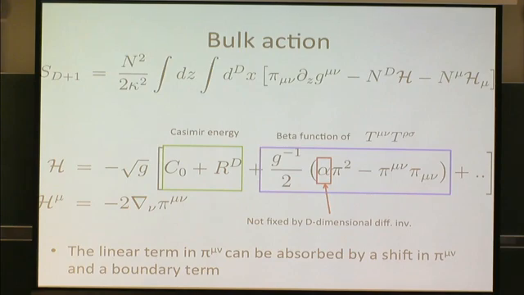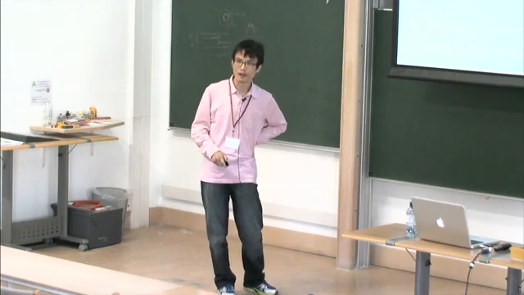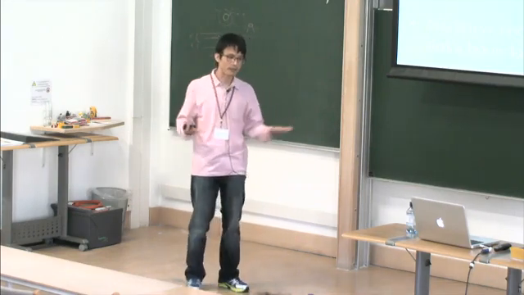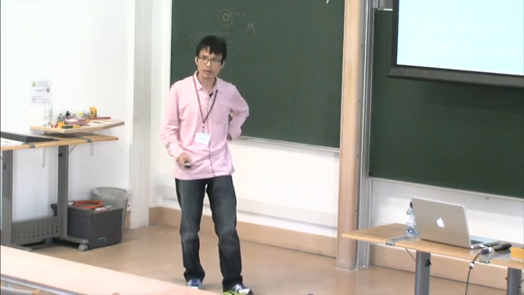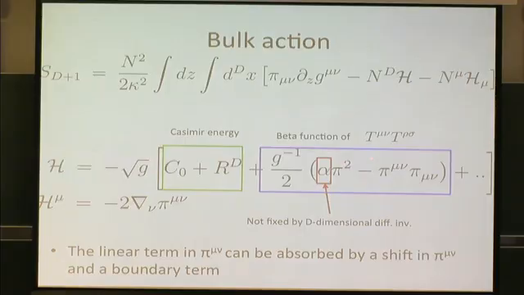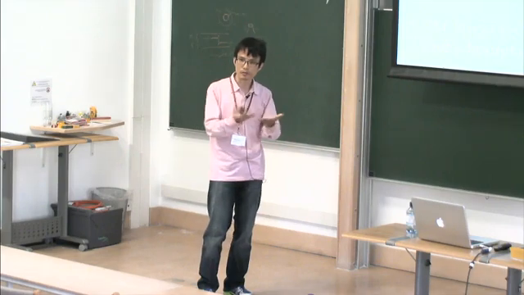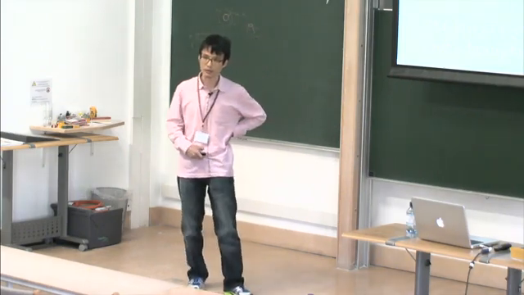This is generated from the double trace operator. Previously I wrote the coefficient of pi mu nu, pi rho sigma as some general coefficient b mu nu, b rho sigma. But d-dimensional diffeomorphism at the two-derivative level only allows this form. So you cannot have other forms of the kinetic energy if you have d-dimensional diffeomorphism invariance.